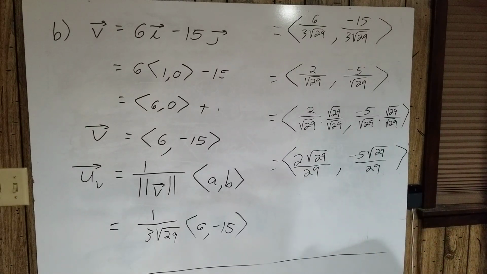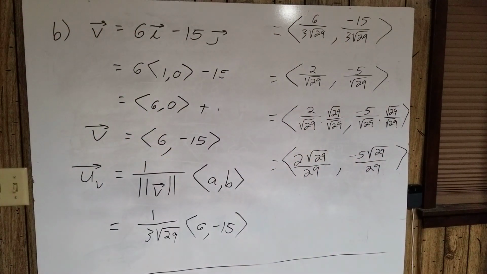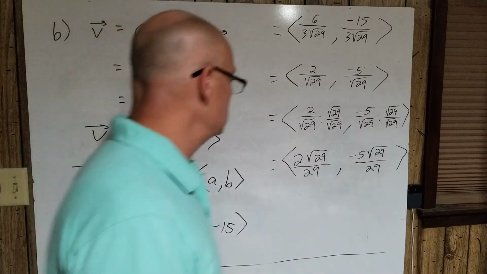Okay. Now, my only thing is here, I want to go ahead and put it back in terms of i and j, because it was originally in terms of i and j, okay? So how am I going to go about putting it in terms of i and j? Well, really it's not hard at all.